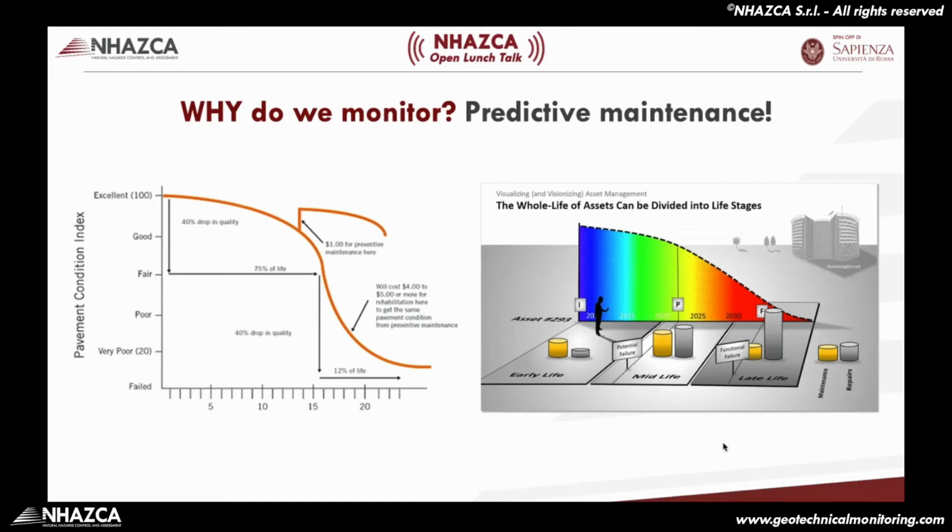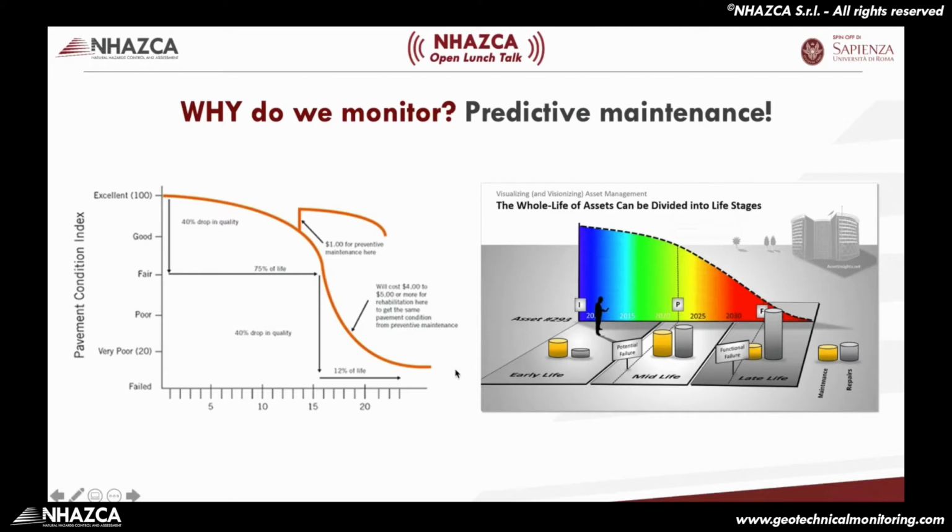Monitoring can be, especially with technologies that are available today, and we'll talk a little bit about this later, a great option to increase the lifespan of structures and infrastructures by looking at their age.